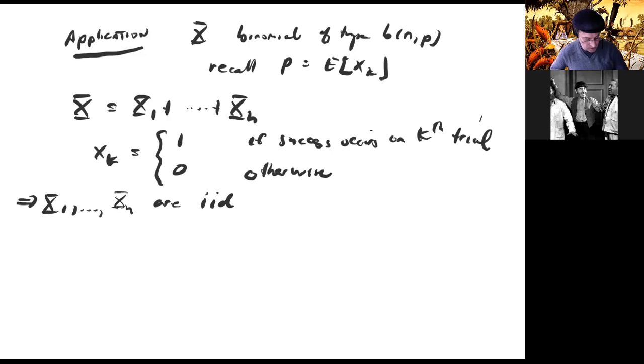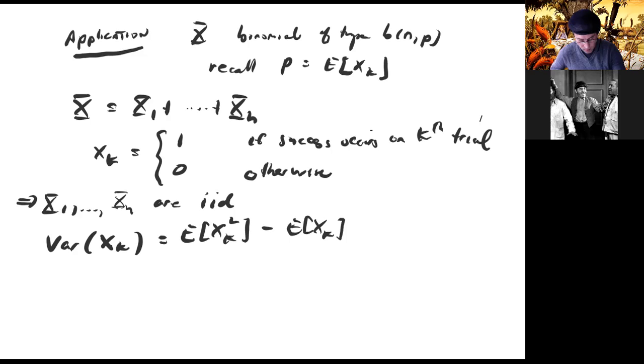So now let's compute the variance of x sub k for each k. Well, that's by definition the expected value of x sub k squared minus the expected value of x sub k, that quantity squared. But notice that if you go back to the definition of x sub k, when you square it, you get x sub k again.